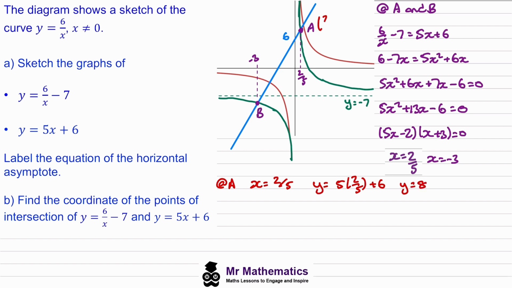So A will have coordinates 2/5 and 8. And then at B, we know x is equal to negative 3, so y will equal 5 lots of negative 3 plus the 6, y will equal negative 9.